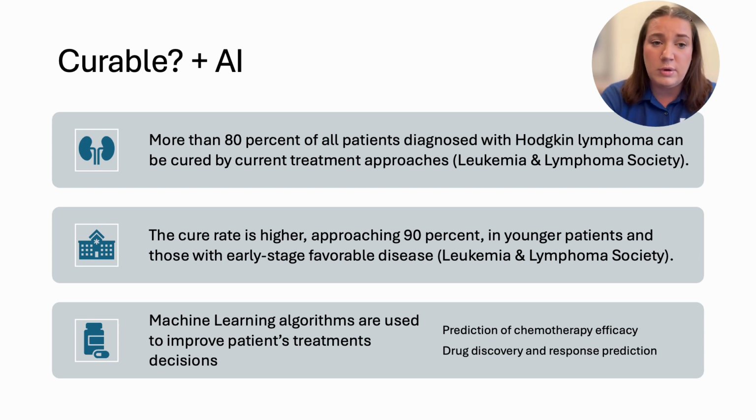So currently, more than 80% of all patients that are diagnosed with Hodgkin's lymphoma can be cured. And the cure rate is higher, now approaching 90% in younger patients and those with early stages as well.